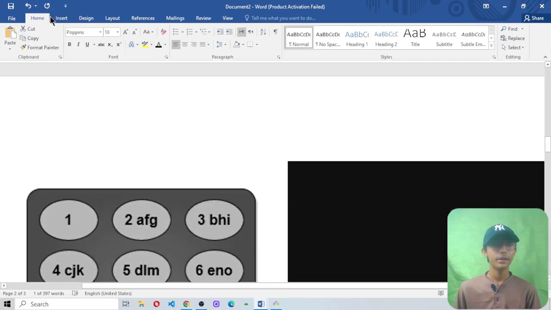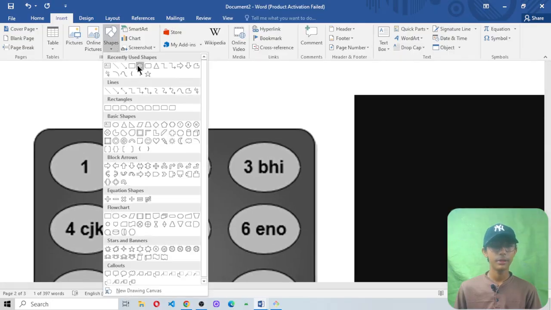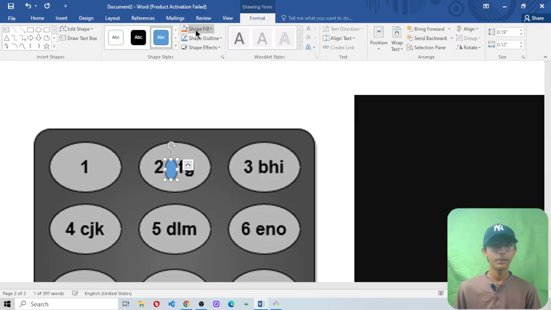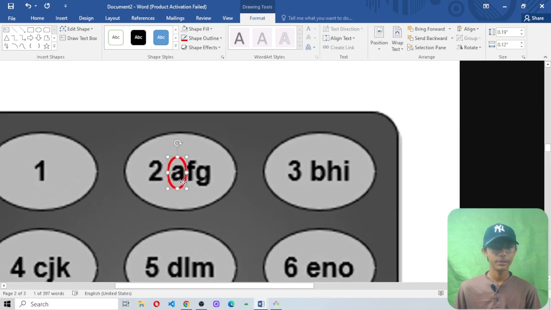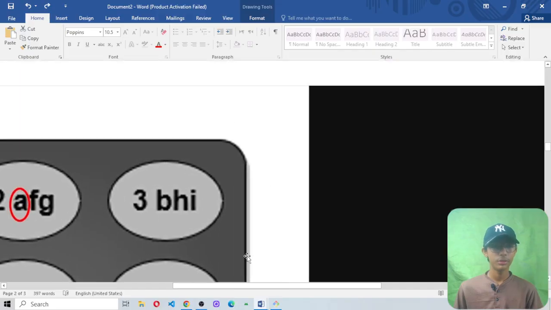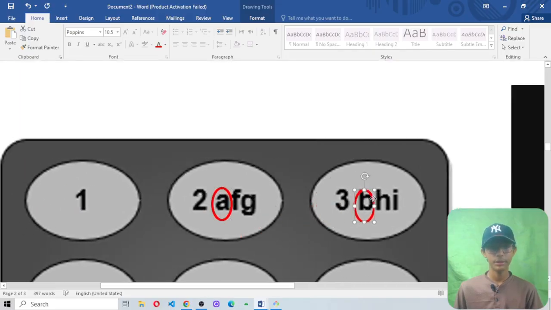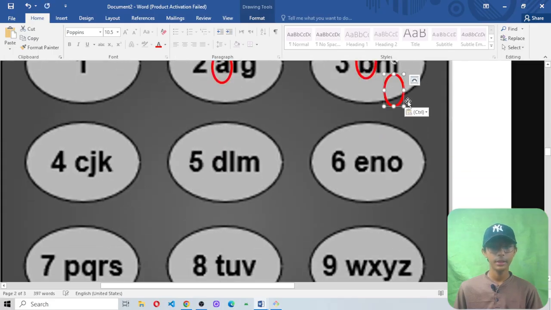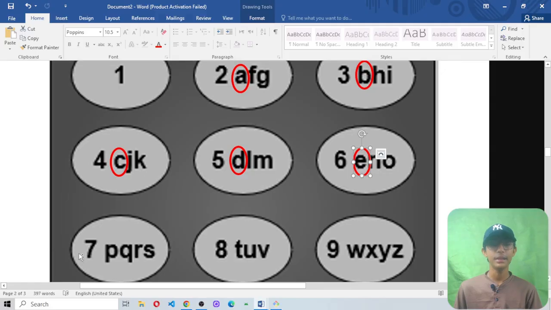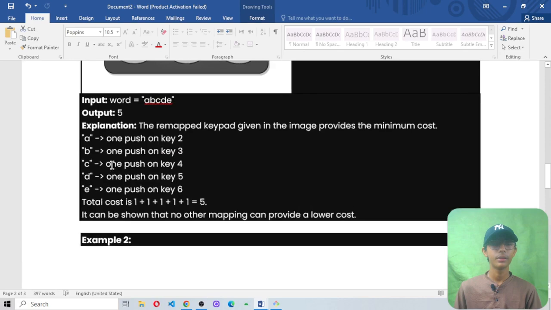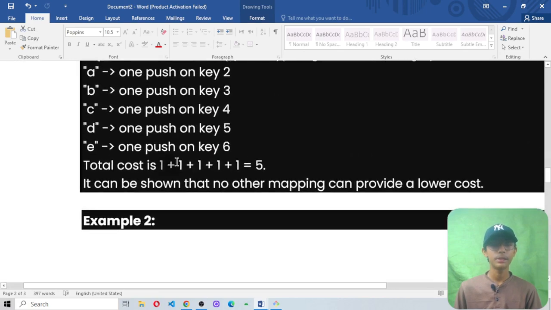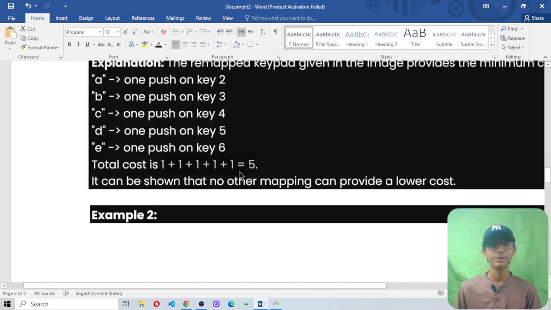If you see here, A pushes to 2, B pushes to 3, C pushes to 4, D pushes to 5, and E pushes to 6, like A B C D E. So that's why the output is coming 5, because 1 plus 1 plus 1 plus 1 plus 1 equals 5.